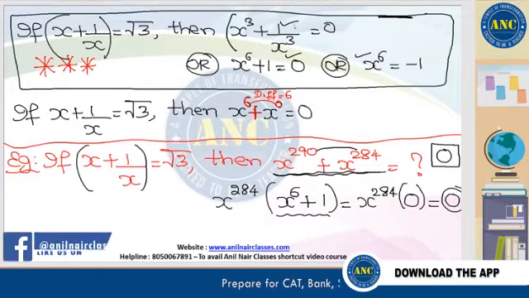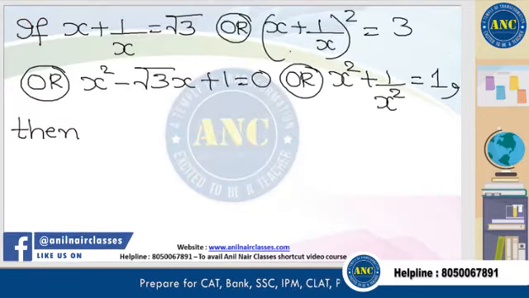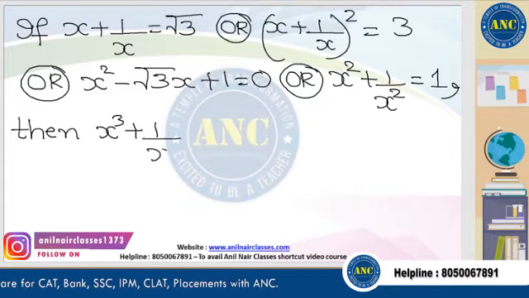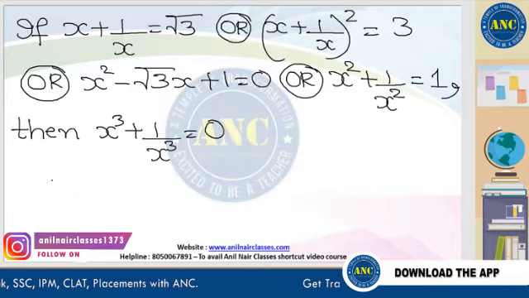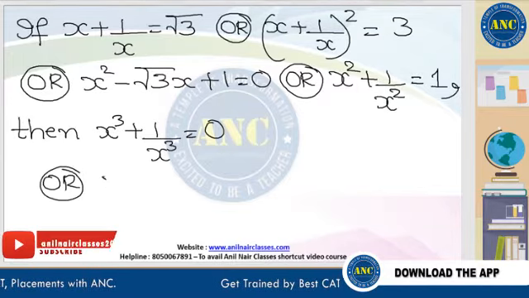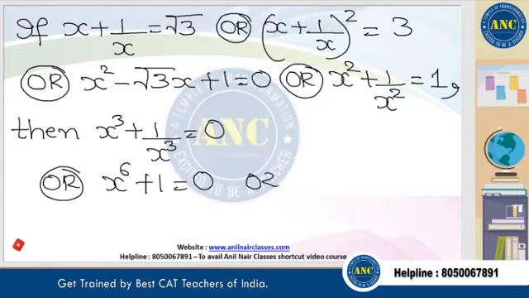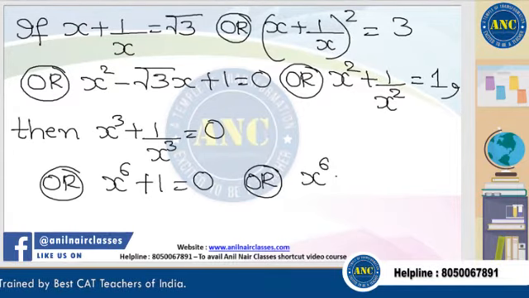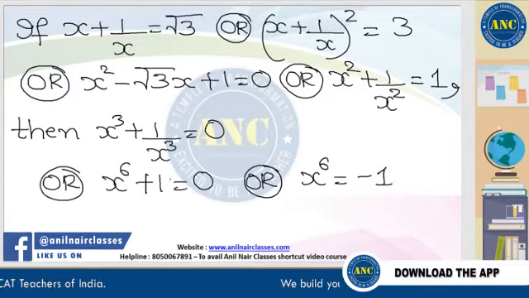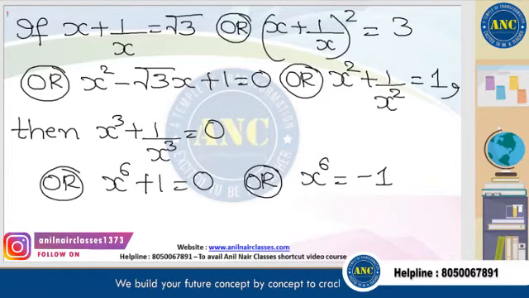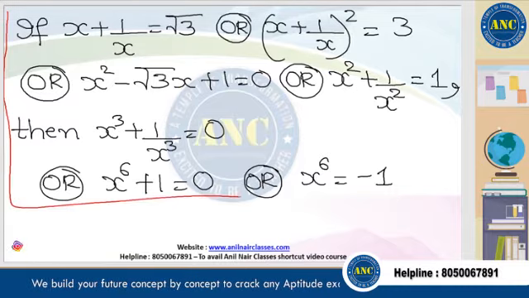First thing is x cube plus 1 by x cube equal to 0, or I can also say the same thing as x power 6 plus 1 equal to 0, or I can say this as x power 6 equal to minus 1. All the varieties of usage I have written in one single screen, and I am putting it inside a box.